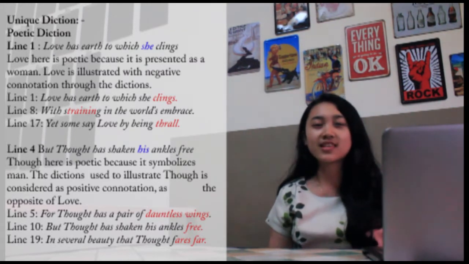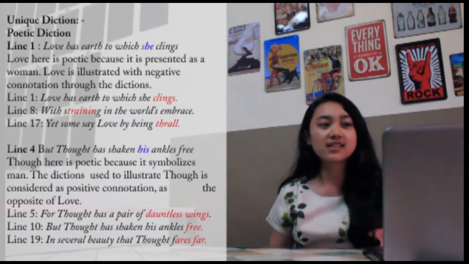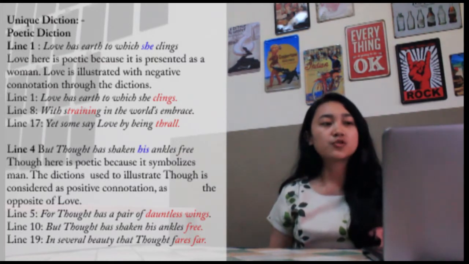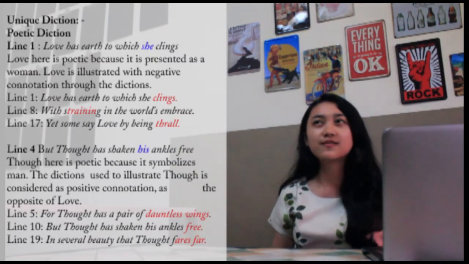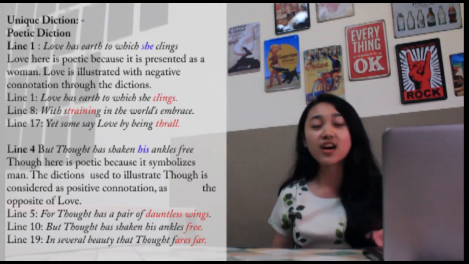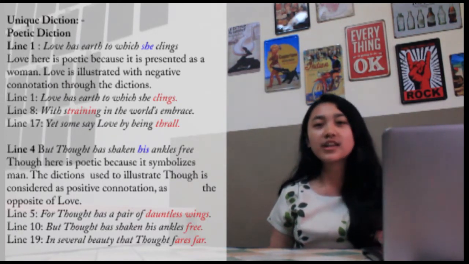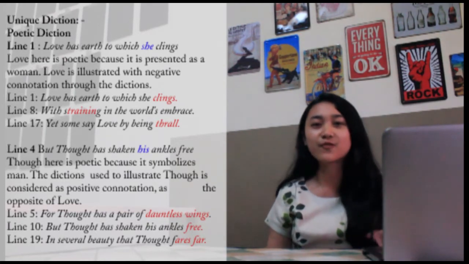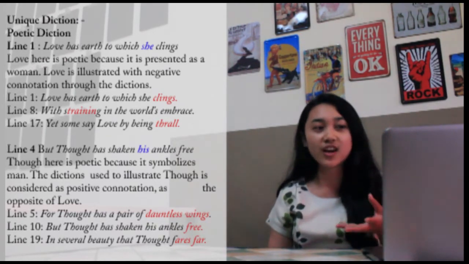But we think that there is no unique diction in this poem. So let's start with the poetic diction. In this poem, the writer chooses diction like born and free and also love and thought. The born here refers to love itself and free refers to thought.